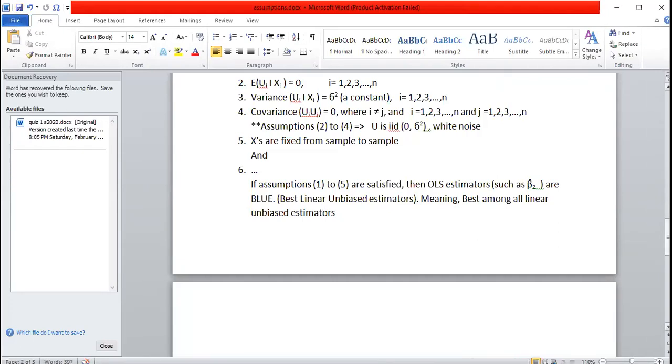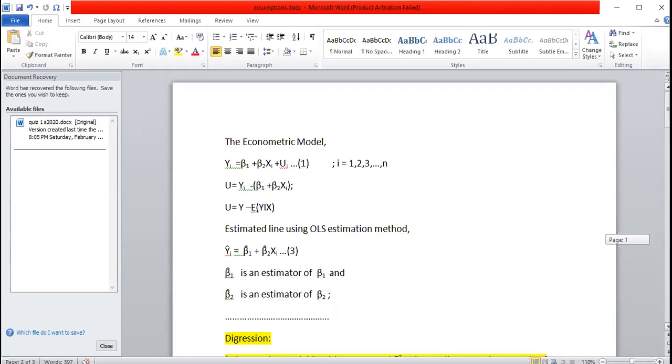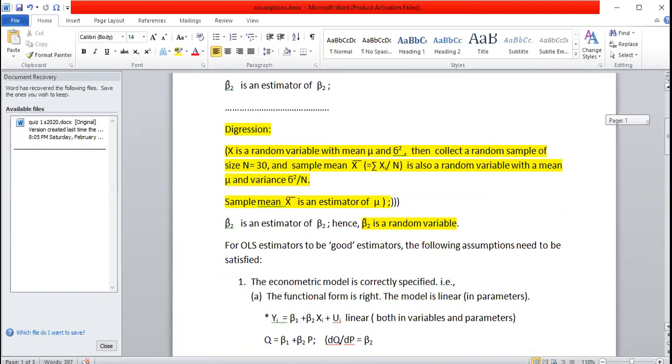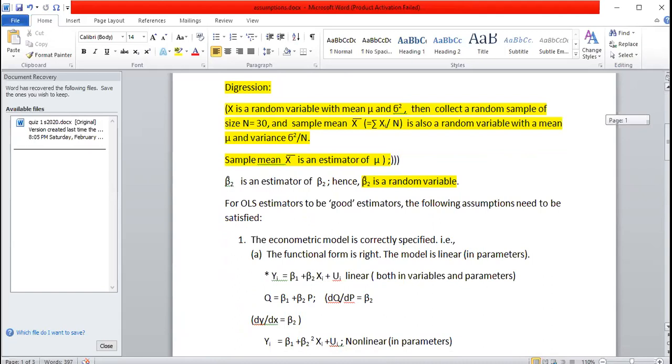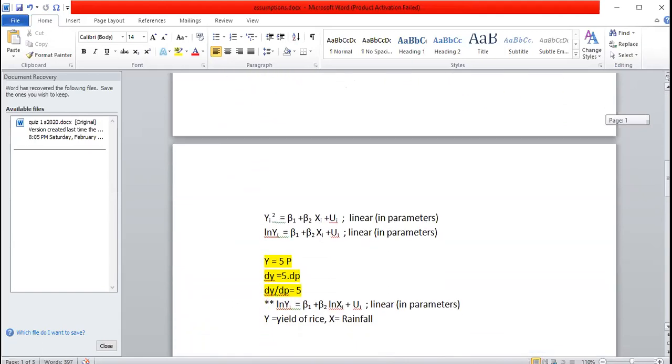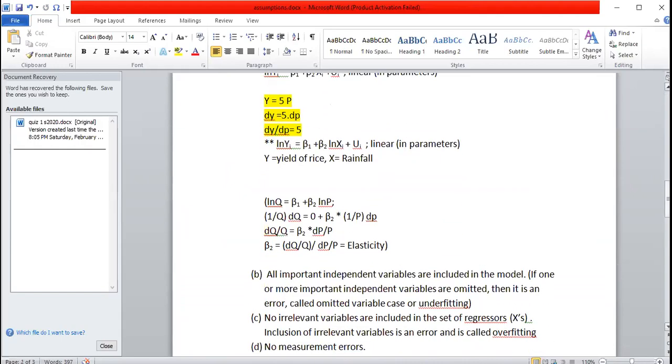So once again, here we know how to find beta 1 hat and beta 2 hat using the OLS principle, minimizing the residual sum of squares. Remember, minimizing the residual sum of squares, you get OLS estimators. And then we did one example with your calculator and Excel sheet. Then he said, are they good?